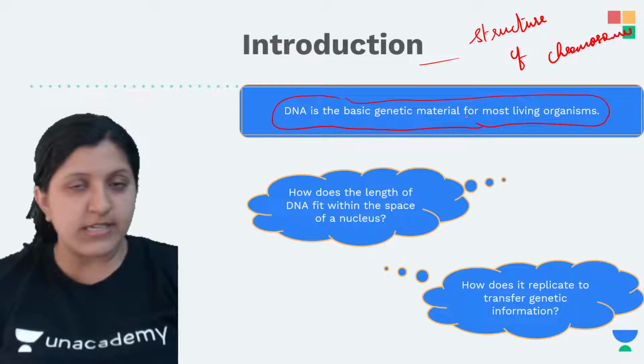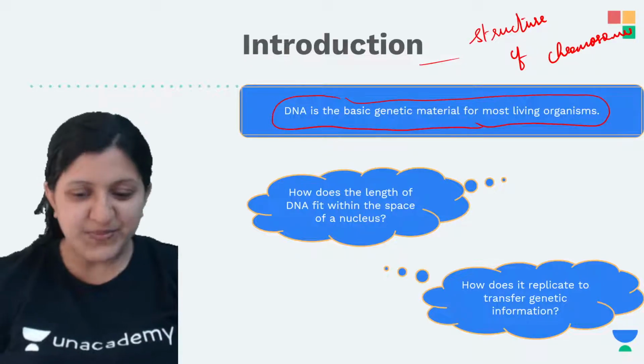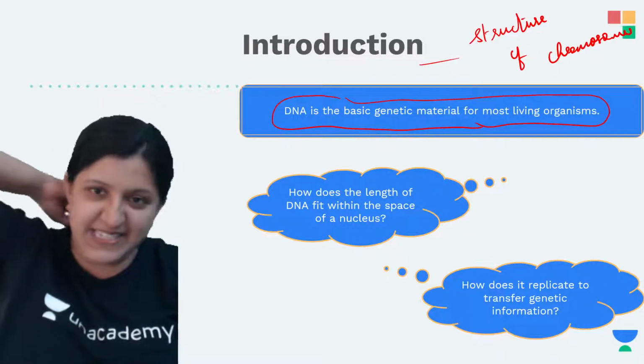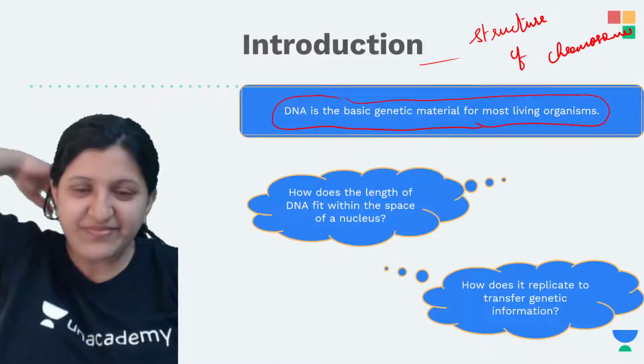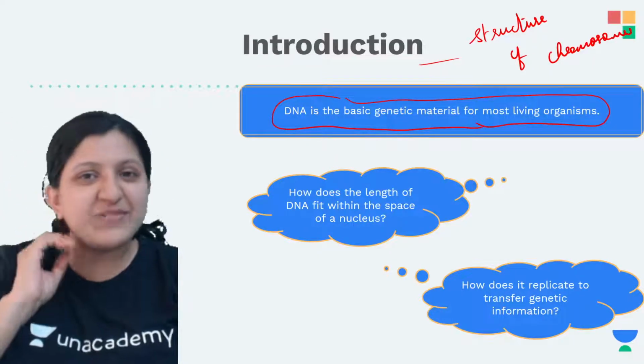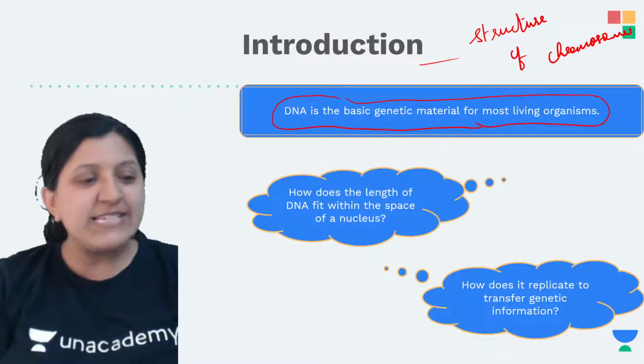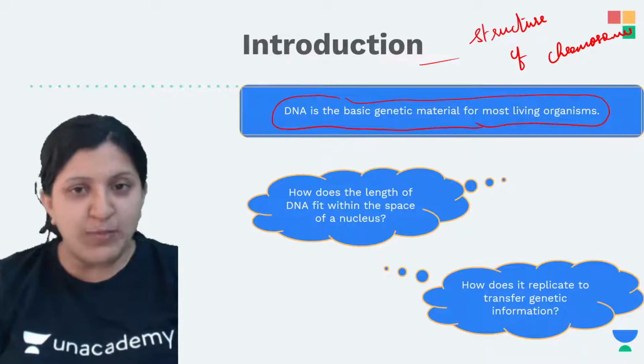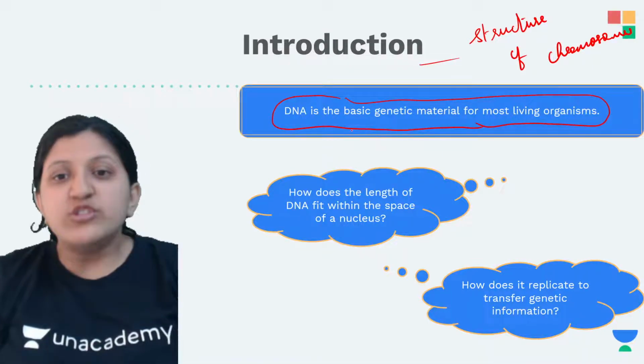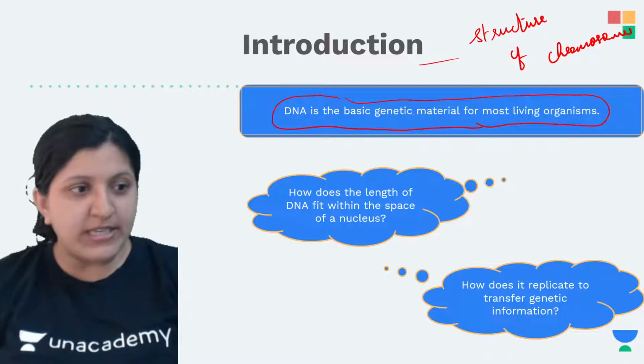Is there anything other than DNA as a genetic material? DNA, that is deoxyribonucleic acid, is the genetic material.